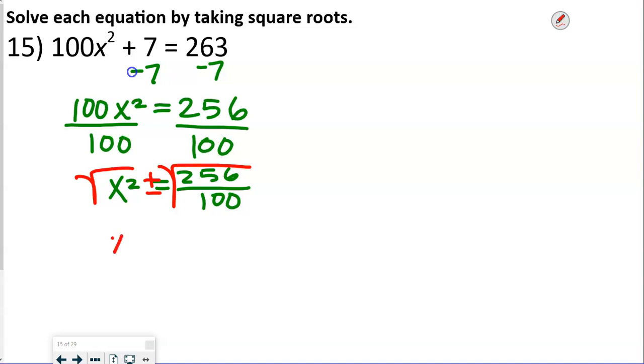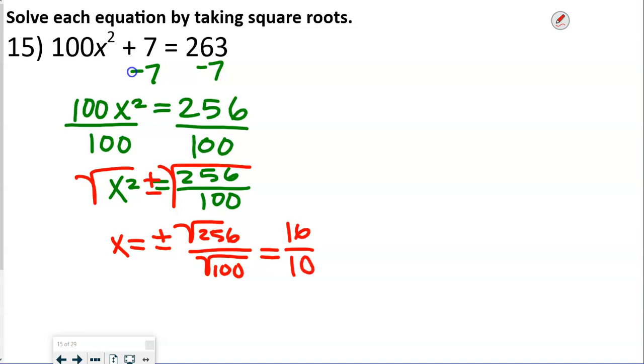So x is equal to plus or minus the square root of 256 over the square root of 100. So this is equal to 16 over 10, which can be reduced to plus or minus 8 over 5. Remember again, there's always going to be two answers when you're taking a square root, okay?